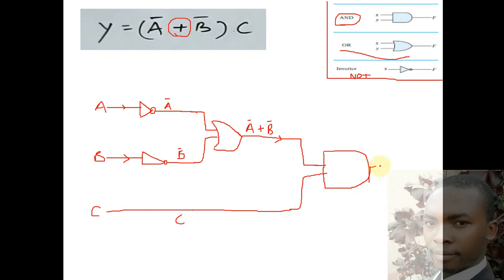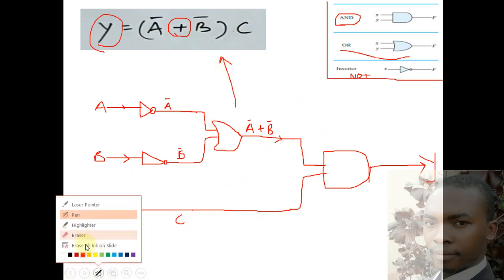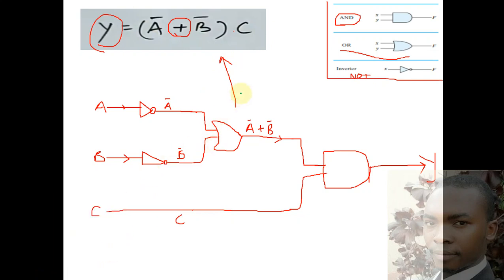So an AND gate, and what we shall have there is now the result, which is Y. So we have Y at the top. This is equivalent to our equation, which is up here.